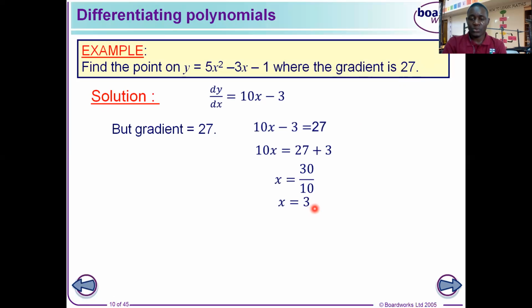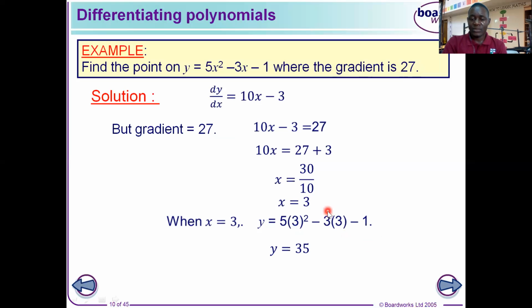So we have the value of x as 3. Now we need to substitute into the y function to get the corresponding value of y. So when x is 3, y equals 5 times 3 raised to the power 2 minus 3 times 3 minus 1. Evaluating this, we arrive at y equals 35.